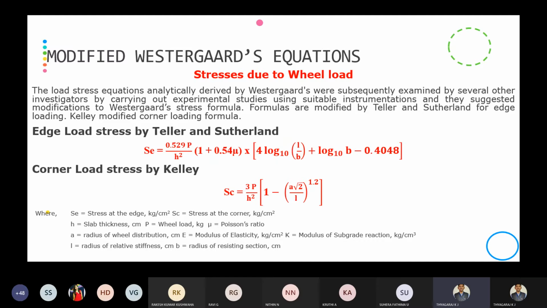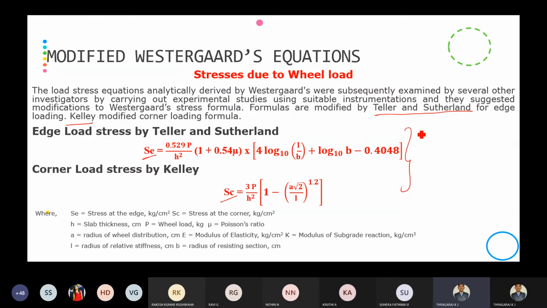To overcome these drawbacks of the Westergaard theory, two or three investigators worked in the field, that is Teller and Sutherland. They conducted many studies on cement concrete pavement and came up with the modified Westergaard's equation. They only modified the edge loading and corner loading.